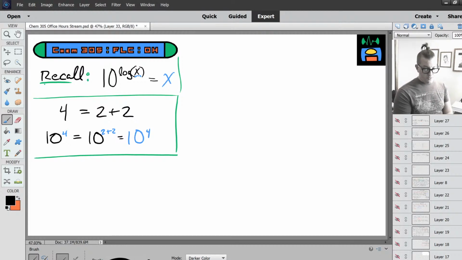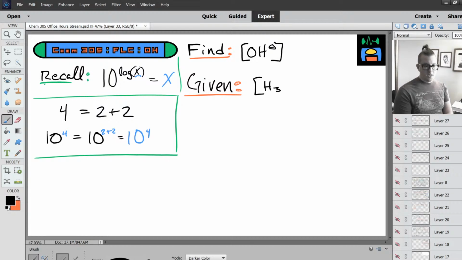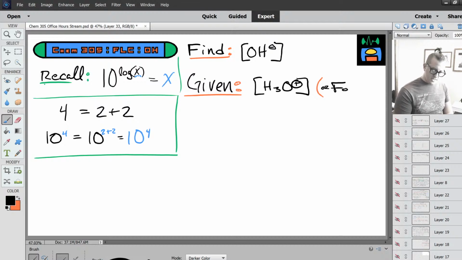So now let's find our concentration of hydroxide, and we're given the concentration of hydronium. We found this ourselves.